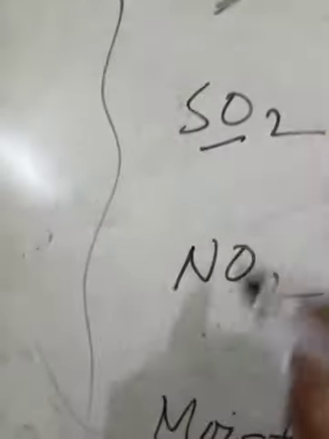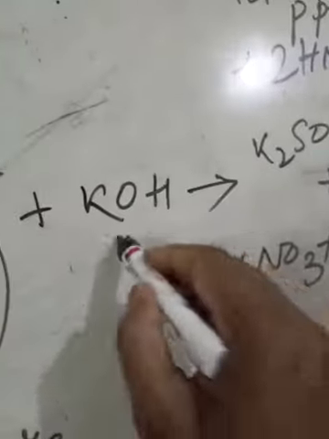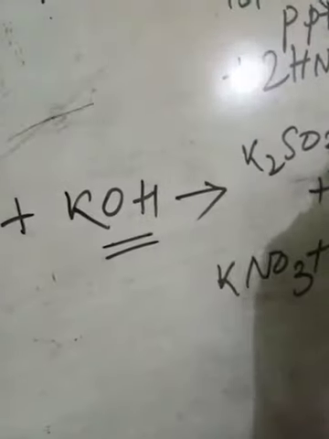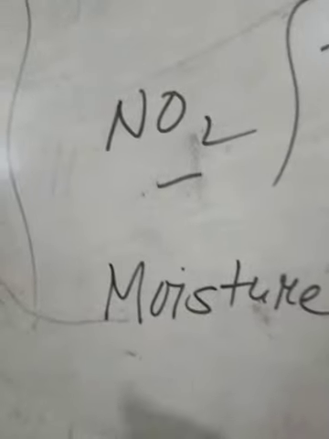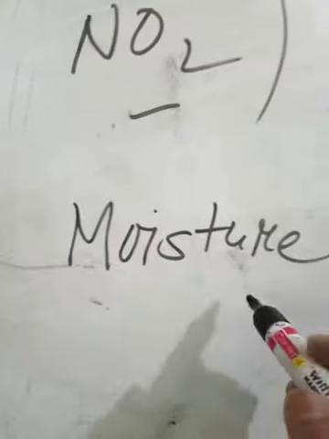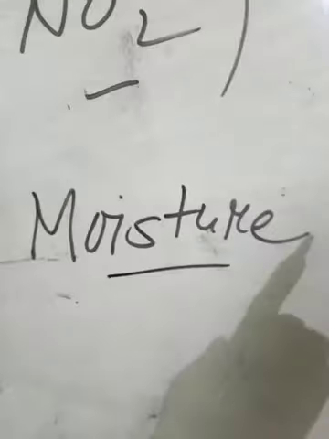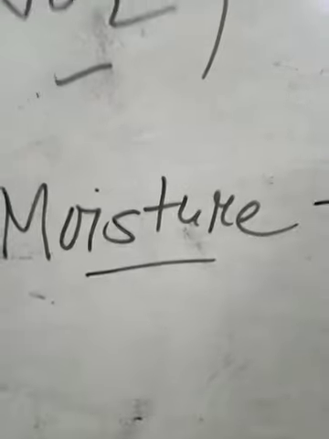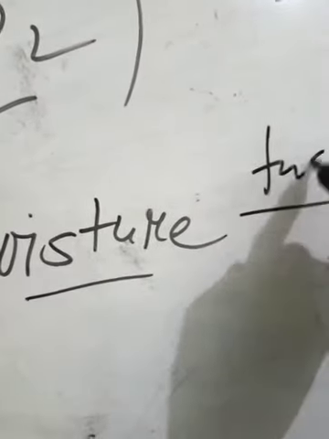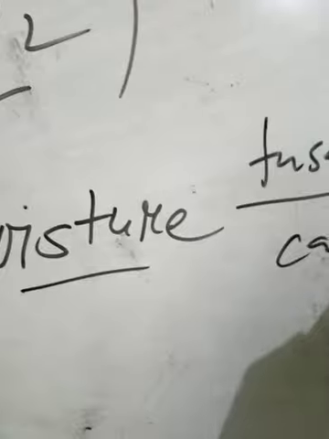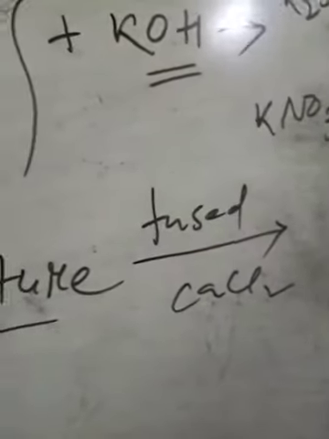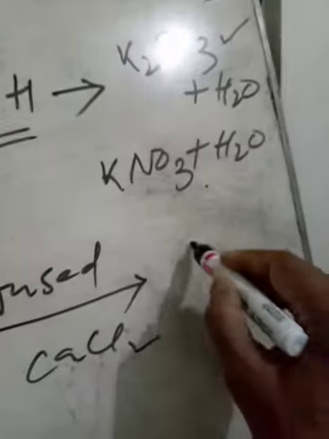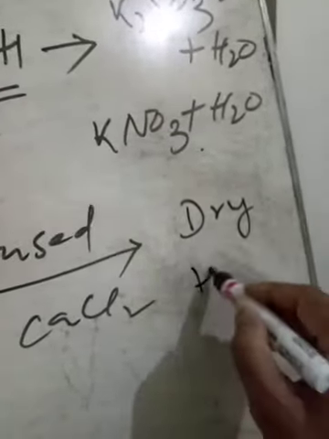Thus sulfur dioxide and nitrogen dioxide will be absorbed by alkali, forming potassium sulfite or potassium nitrate. The hydrogen collected through downward displacement of water contains some moisture. Then it is passed through fused calcium chloride, which has the capacity to absorb moisture. Then you will get dry hydrogen gas.